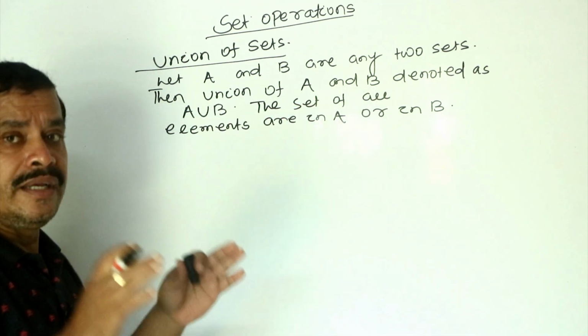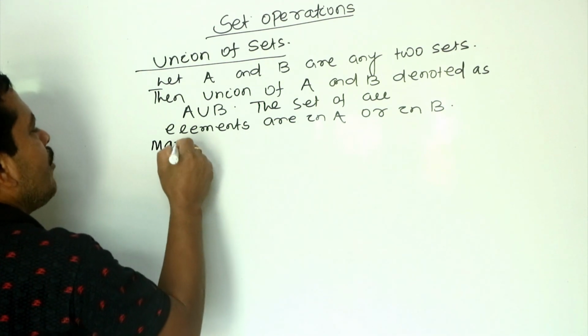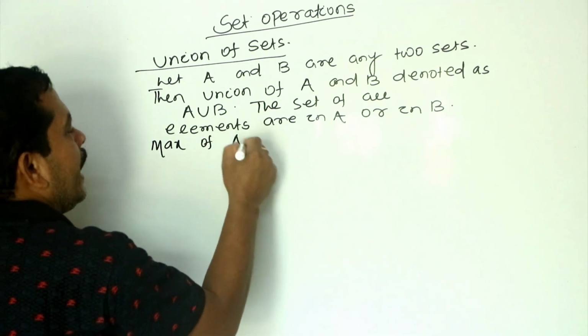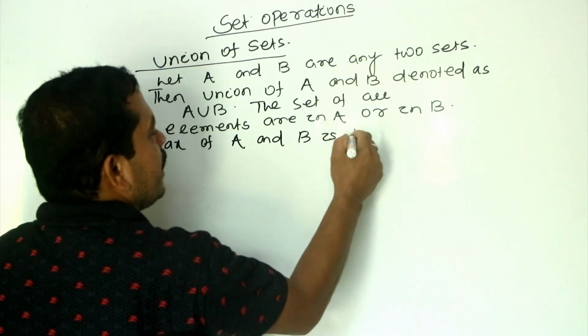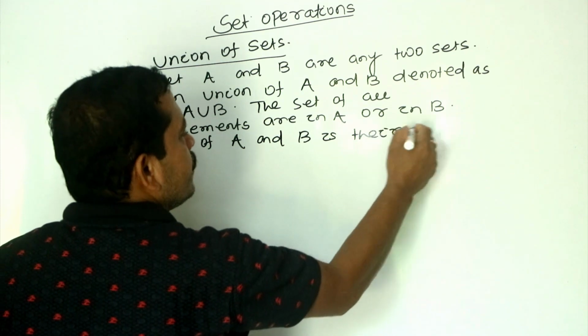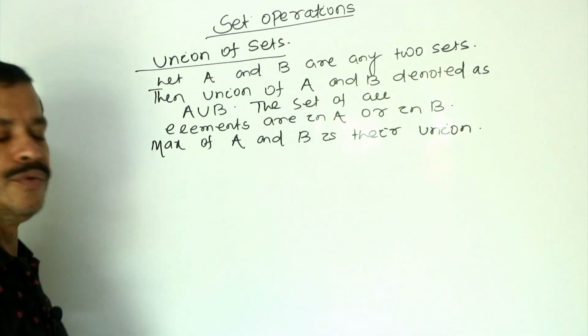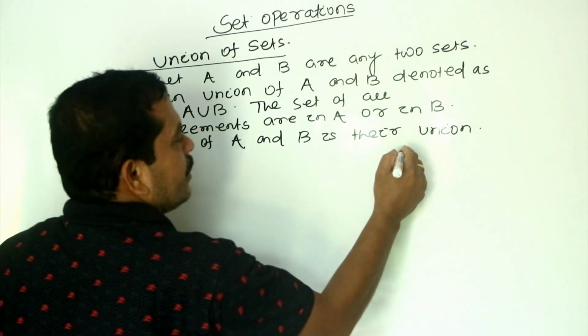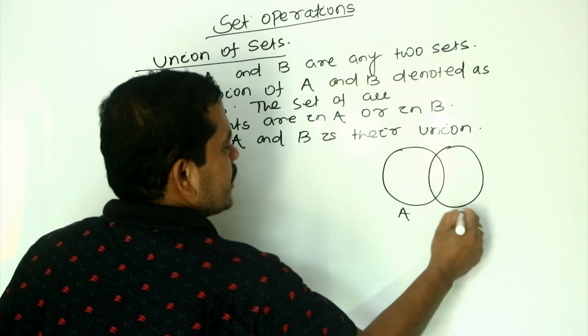The union of two sets is the maximum of the two sets. The maximum of A and B is their union. And this is the Venn diagram for the union of sets.